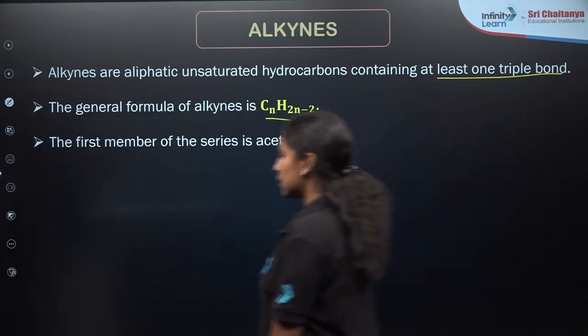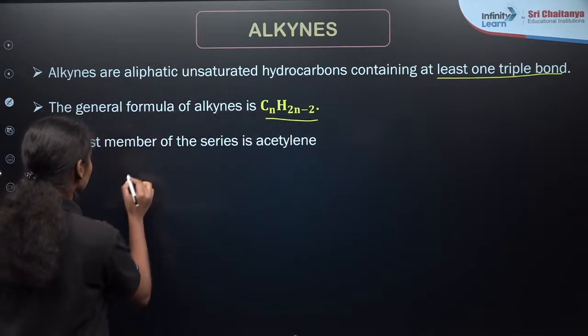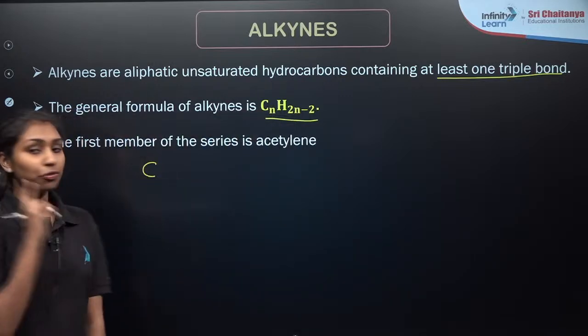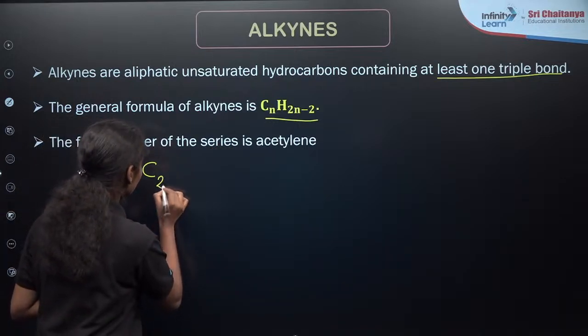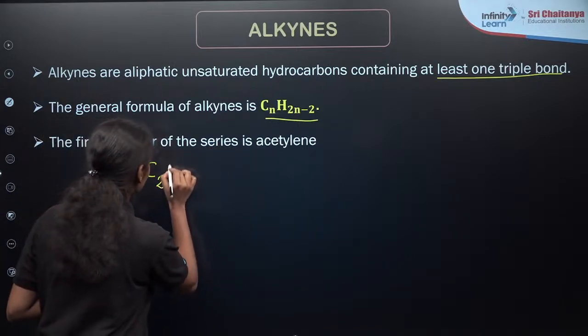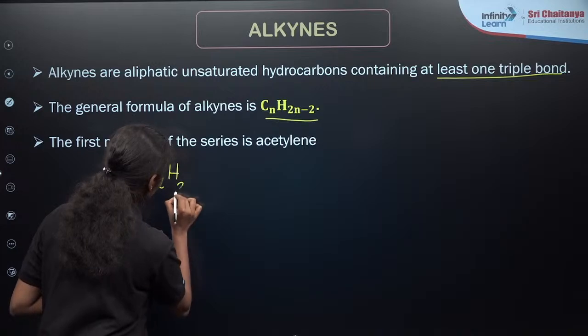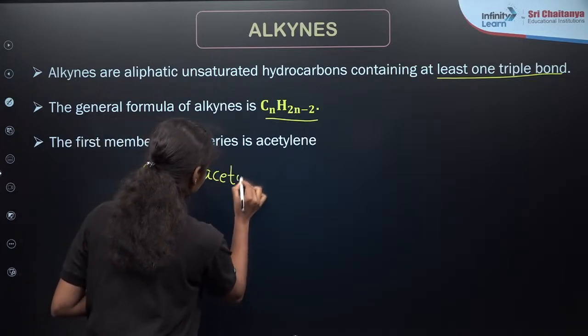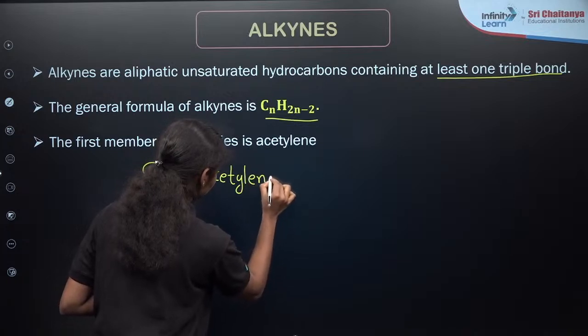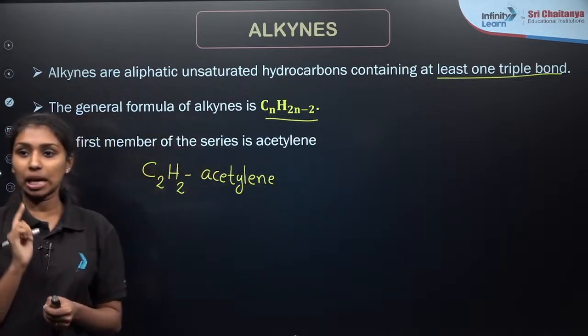For example, if I take one carbon, it will not be present, so I will take 2 here. So it will be C2H4-2, that is C2H2. This will be our first member, known as acetylene. Then what about the next member, the 3 carbon compound?